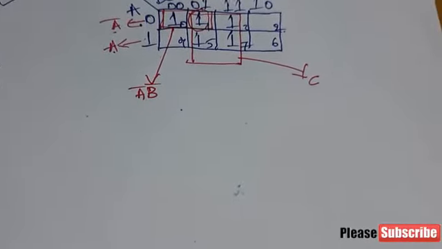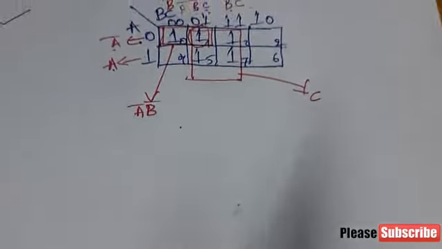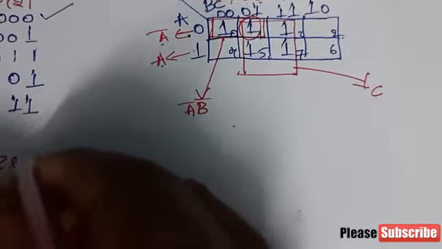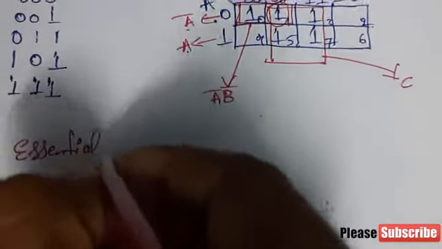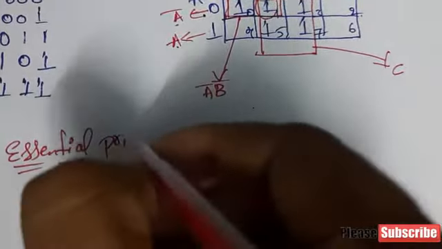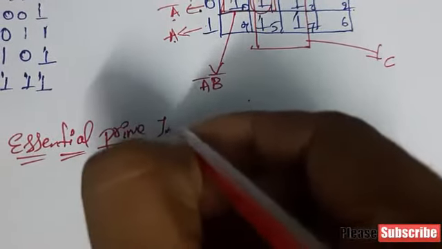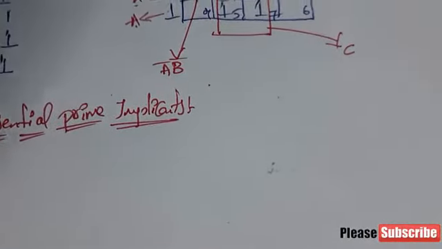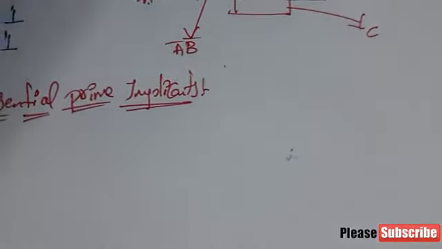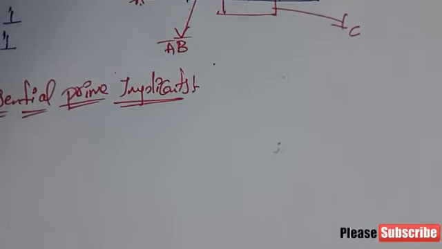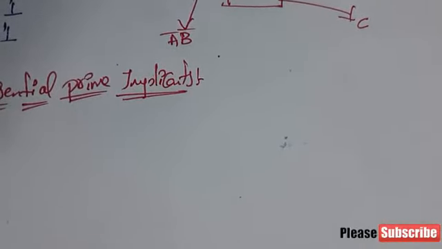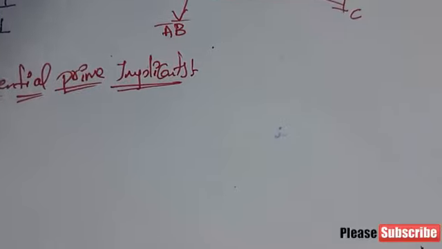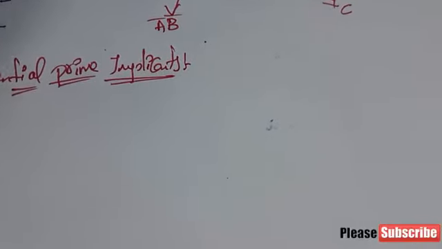Now let's see the concept of essential prime implicants. Essential prime implicants means the minimum number of prime implicants required to include all ones present in the K-map are called the essential prime implicants.